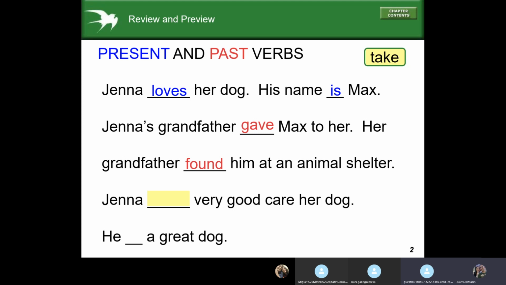Teacher, took. No, because she continues. This is an action that continues happening. So which tense do you have to use in this case?